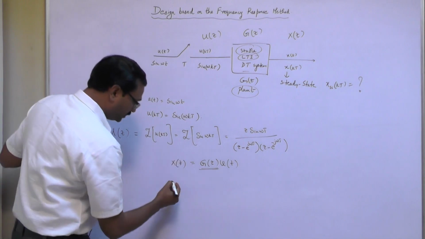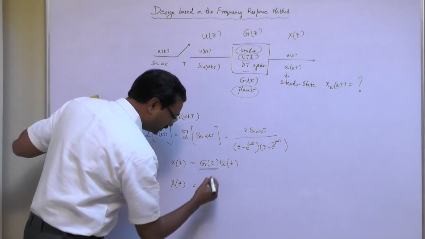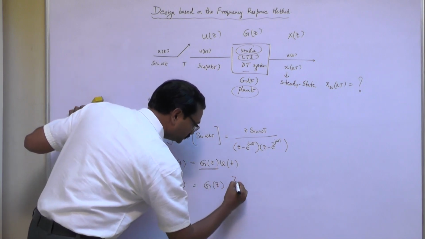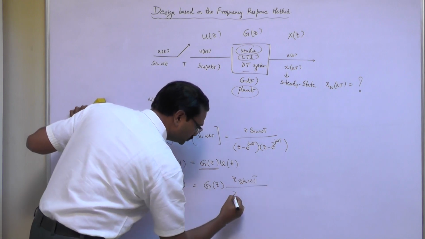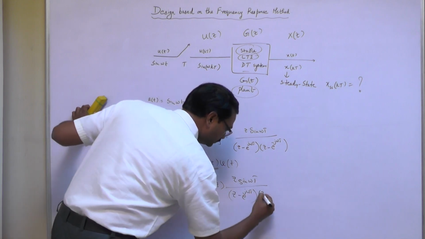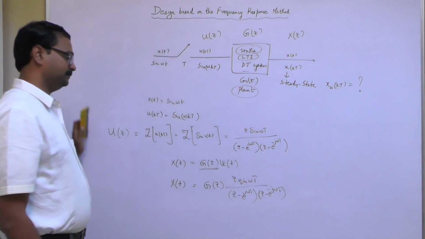Therefore, the output x of z in terms of z transforms will be g of z into z sine omega t by (z minus e power j omega t) into (z minus e power minus j omega t).